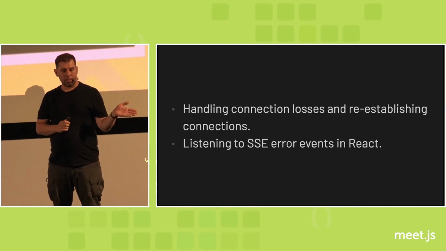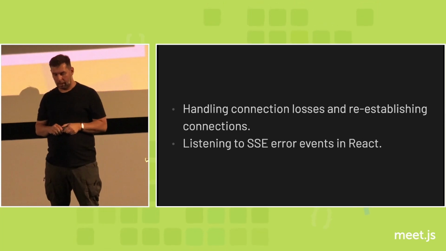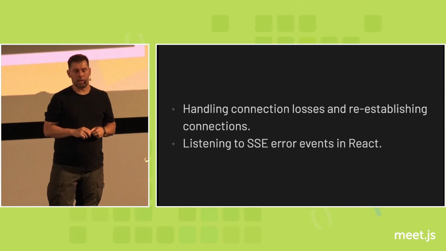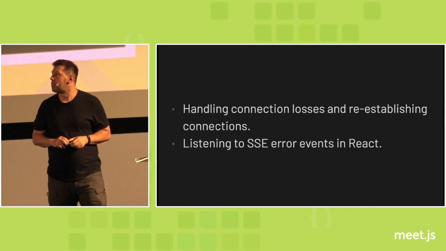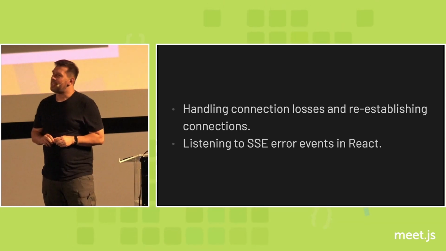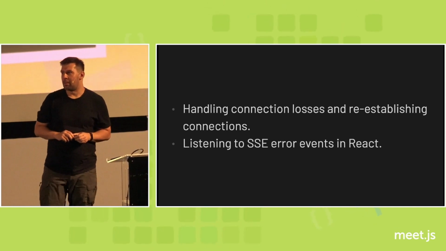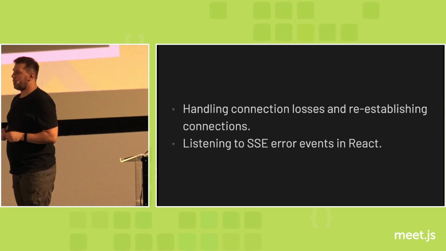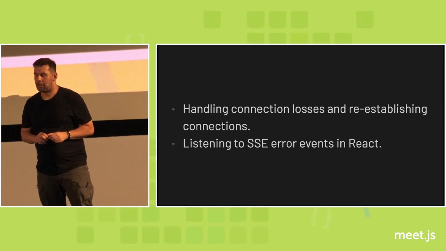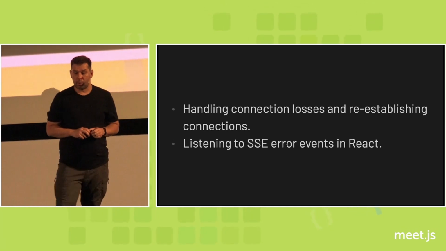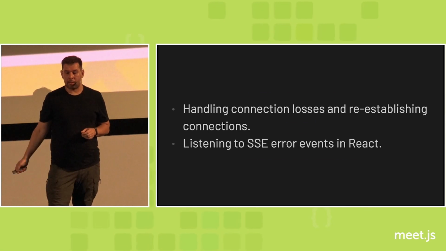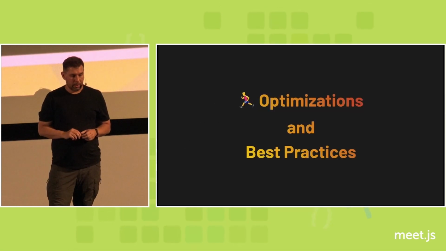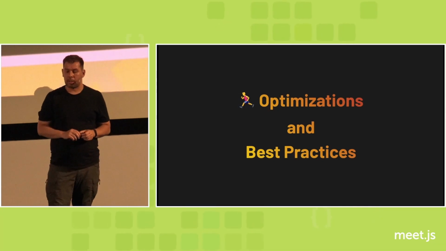By default, it handles connection loss and tries to re-establish the connection, and listening to these events in React or any other front-end library or application is really easy to maintain and develop. There are some techniques to optimize and best practices.